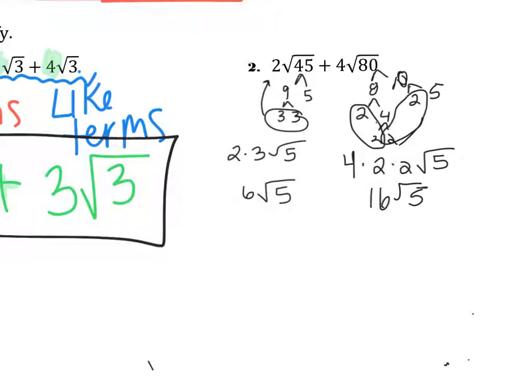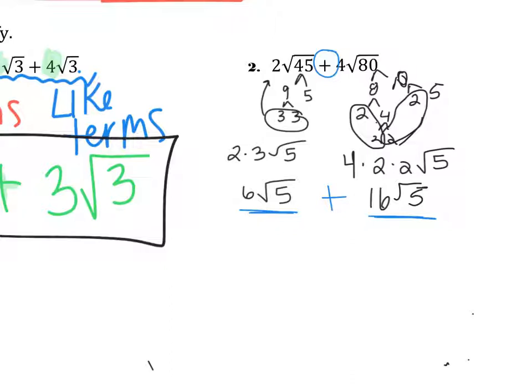Okay, so now when I look at my 2 terms, remember that first term that we broke down was the 6 square root 5. That was this first one here. And now the second one we broke down was a 16 square root 5. And the original problem asked us to add the two terms together. Now that they're completely reduced, I am noticing some like radicals.